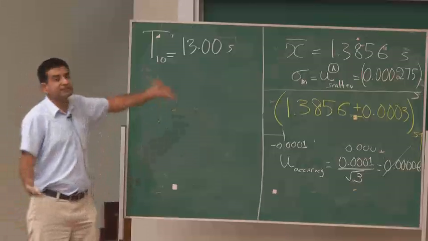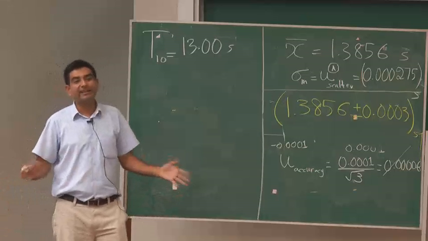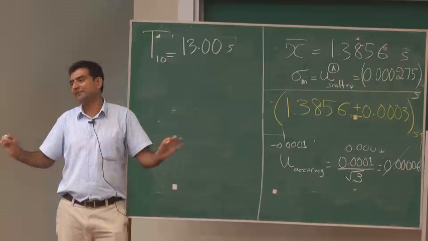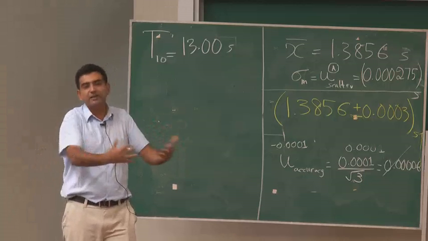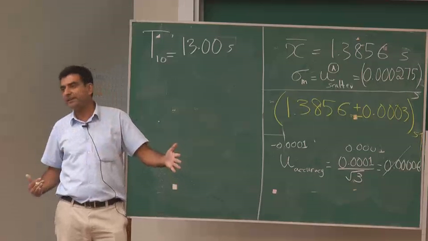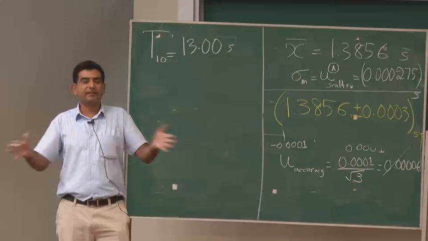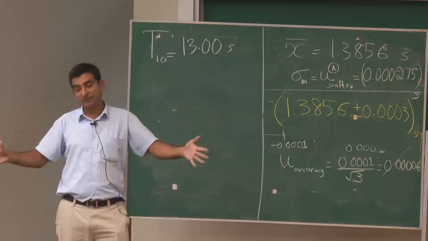Now there is some uncertainty associated with this. One source of uncertainty again is the response uncertainty. My reaction, my reflex action to starting and stopping the stopwatch. It's 200 milliseconds of starting, 200 milliseconds stopping. So there's a total uncertainty spread of plus minus 0.4 seconds.